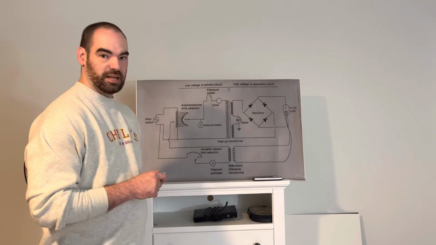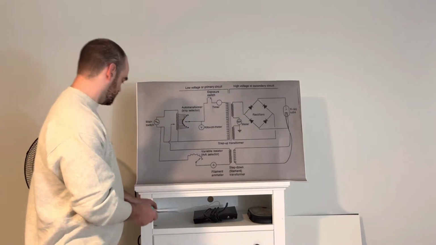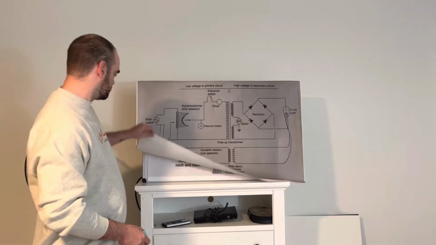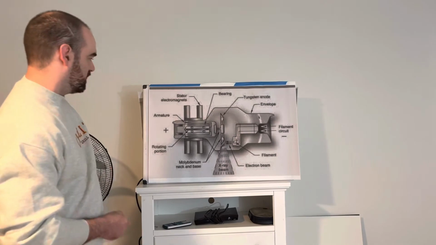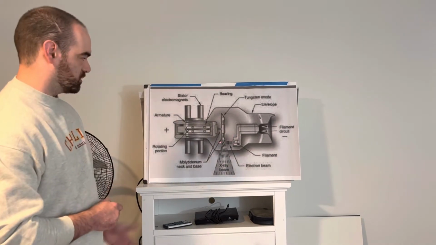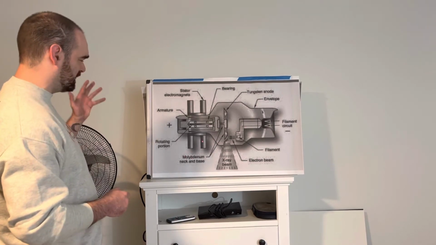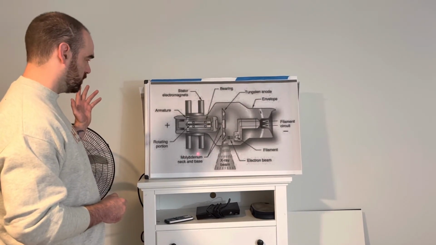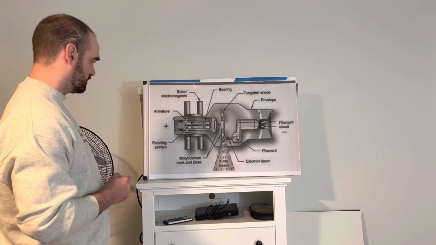Now we move on to the X-ray tube for the second portion of this video. This is the X-ray tube itself within the X-ray circuit. The 10,000 volts that I was speaking about before will go through the stator electromagnets.